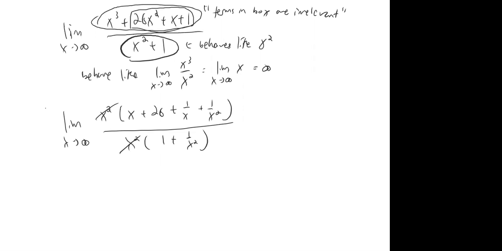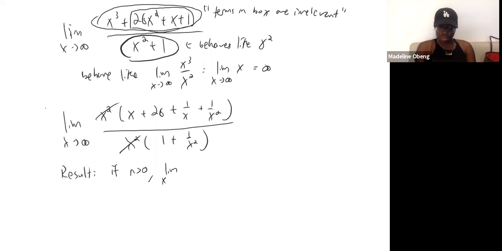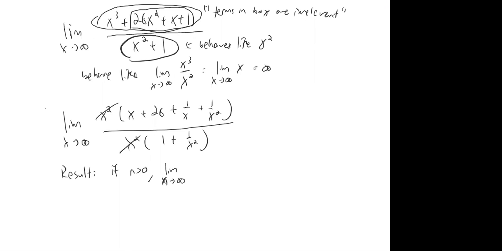Now, remember the result we had above: if n is bigger than 0, the limit as x goes to infinity of 1 over x to the n was 0, right? That was from the previous slide or page. So this is easy, right? This thing goes to 0, this thing goes to 0, this thing goes to 0. The top goes to infinity over 1. So this is infinity. Yeah?